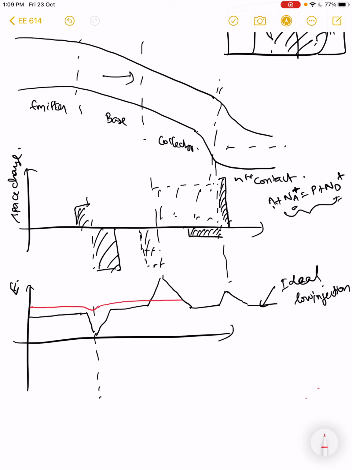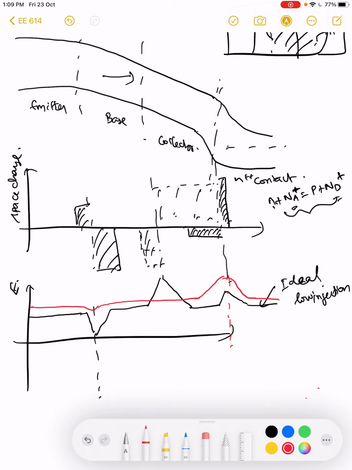It will remain flat, and you will start to have a much larger depletion width in the N plus P junction. And if I have a very high current density, I will have something like this.